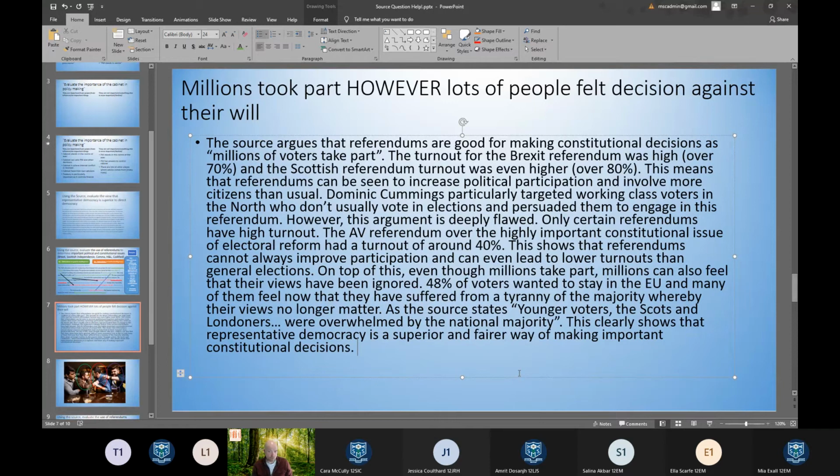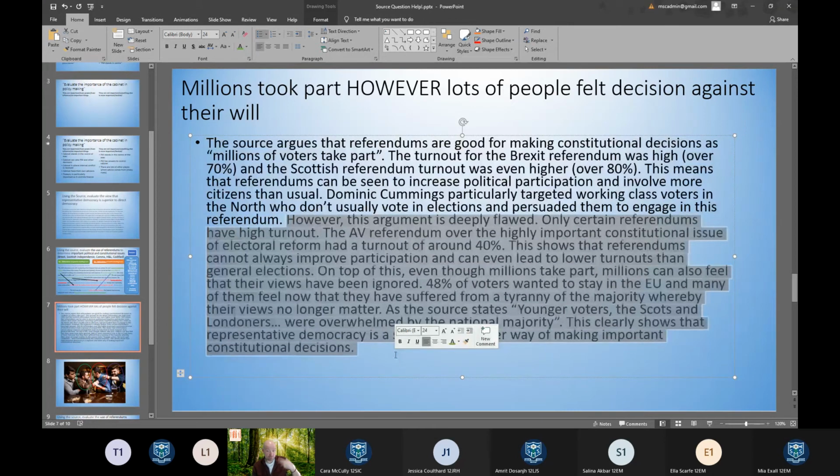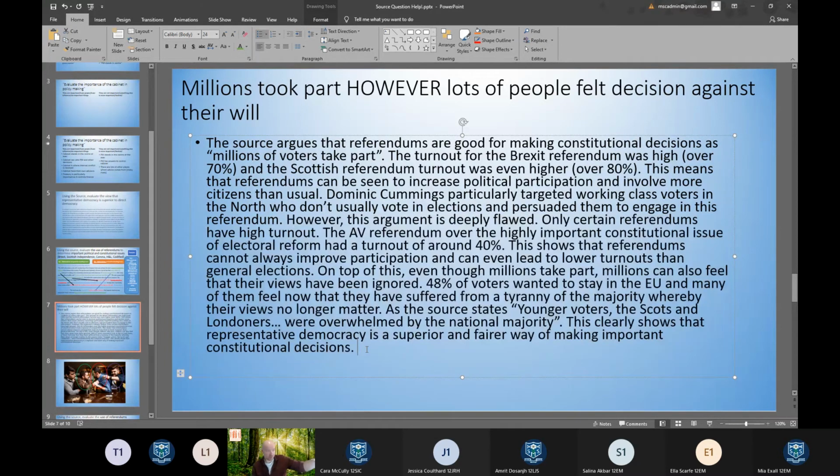So now I think I have built up an argument to show that I understand that the source is making that case. And I also think now that I have used language and evidence and emotive language to show why my second half is stronger than my first half, again, using some evidence from the source, some of my own knowledge, some key words. Tell you what, let's just get one more thing in there and I'll edit it in.